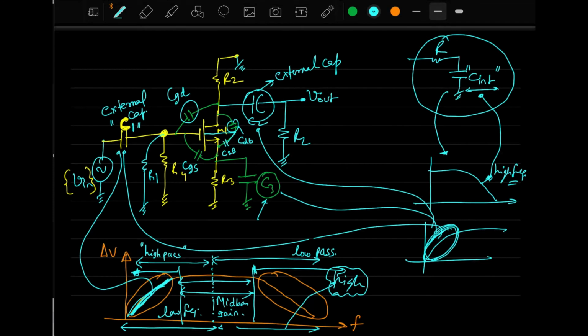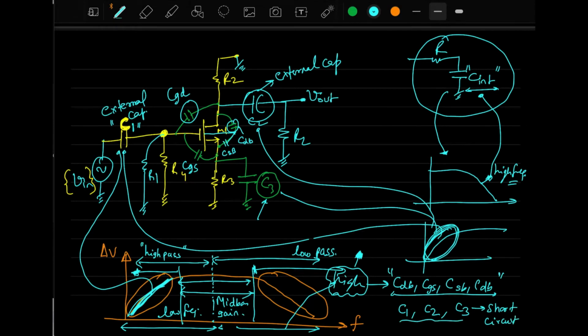So CDB, CGS, CSB, CDB all come into play, and the other capacitances C1, C2, C3 are all short circuit.